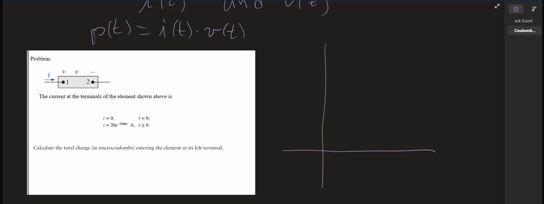So for t less than 0, our current looks like this, and then at 0 it's 20 amps, and then it's e to the minus 5,000t, so that means it's decaying exponentially to 0.